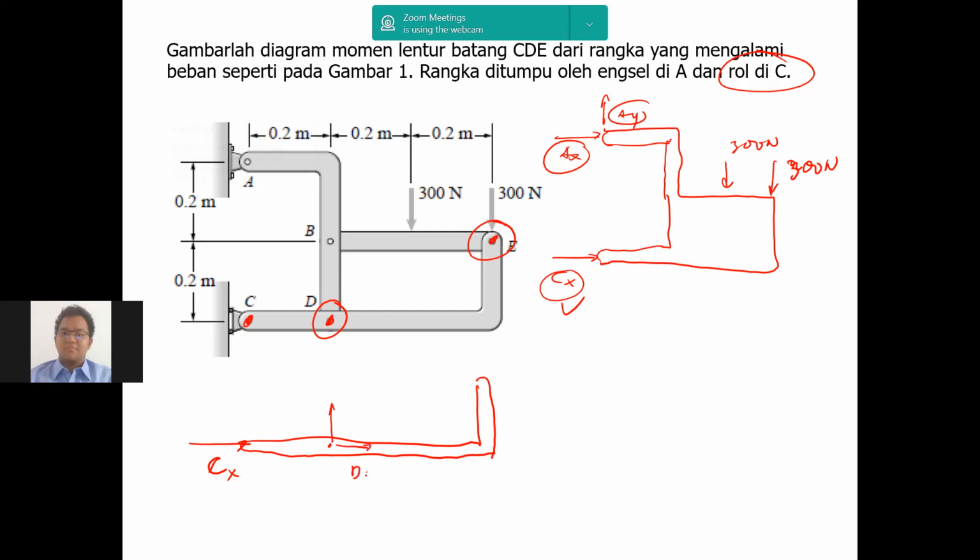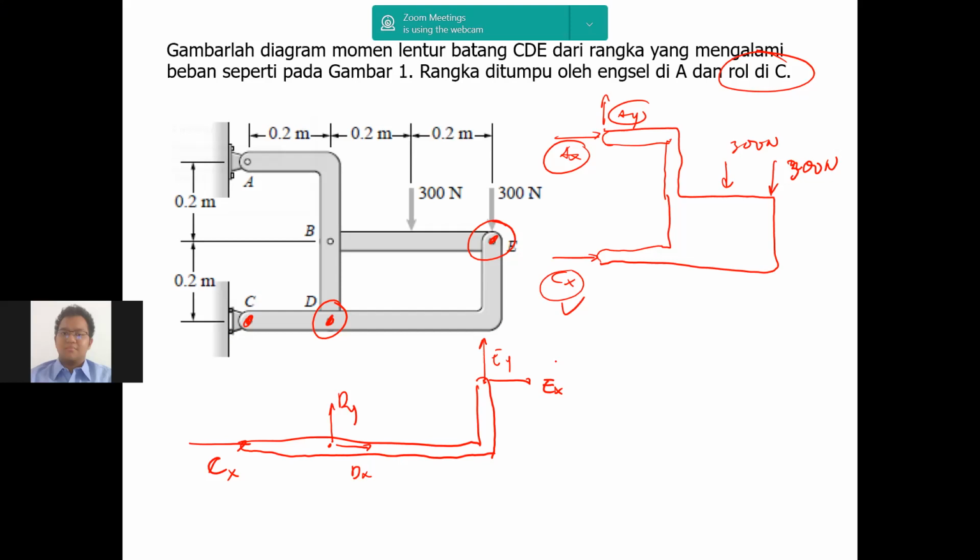Correct. How about at E? Ex and Ey. So that's one thing we are supposed to find out first: Dx, Dy, Ex, Ey.